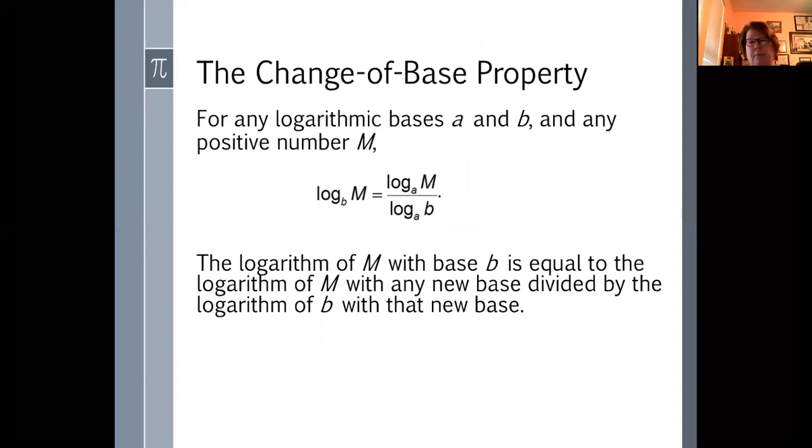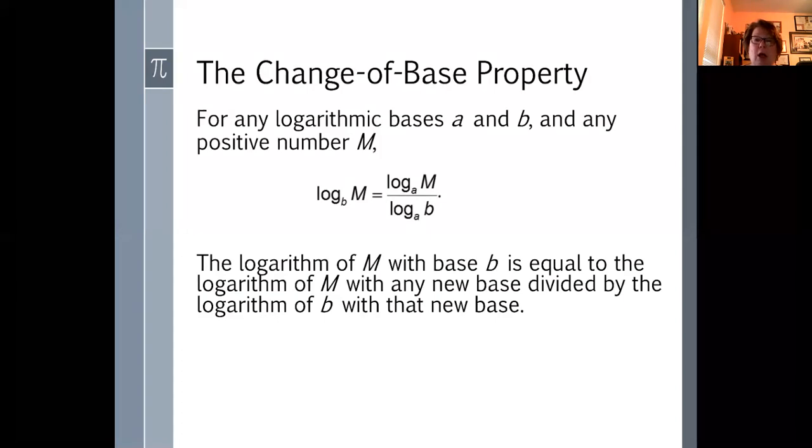The LOG button on your calculator is log base 10. You also have an LN button. That is the log base E. That is the natural log. So what if you want to find the logarithm of a base that isn't 10 or the base that isn't E? You have the change of base property.